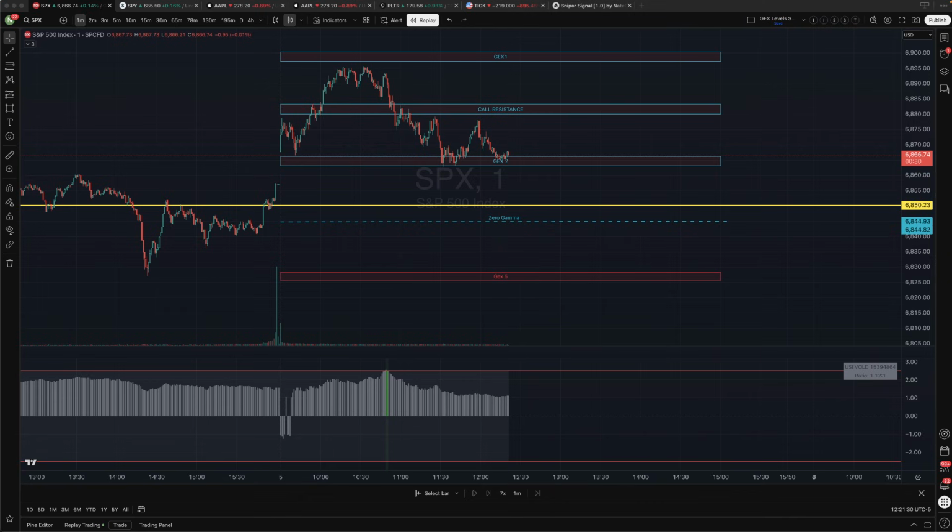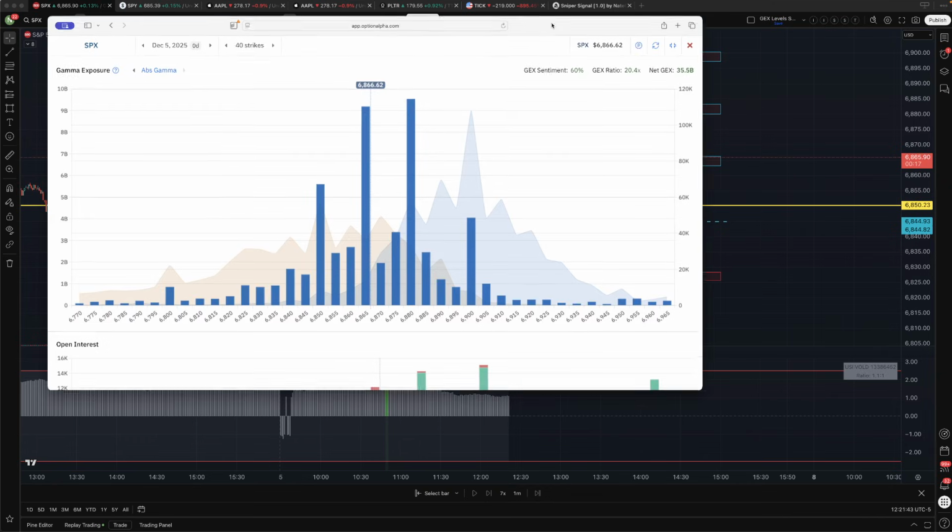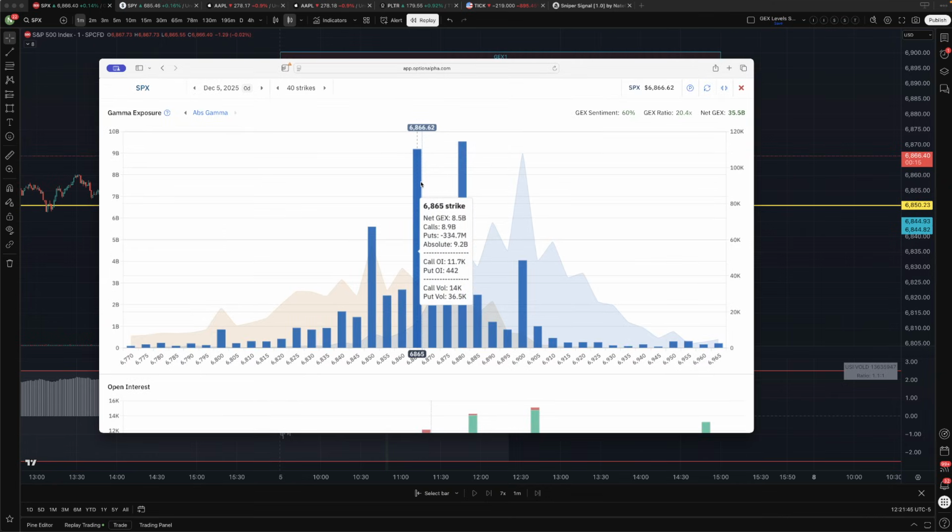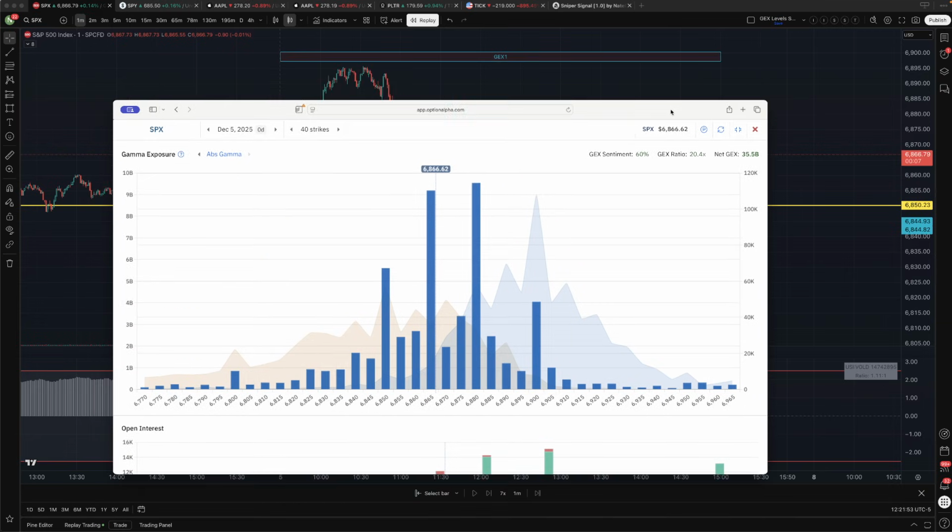From this previous chart, as you can see, these are absolute gamma levels. I'll pull this up and put it on the screen so you can see it. Here's the 68.65, which we're currently sitting at. The 68.80, which is above us, is still bigger, but there's still a lot of time.